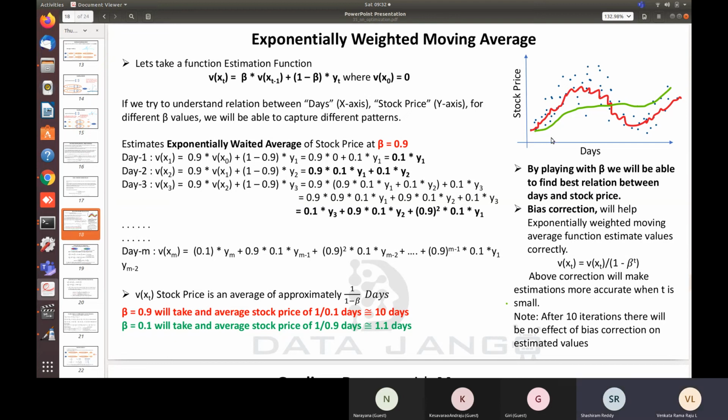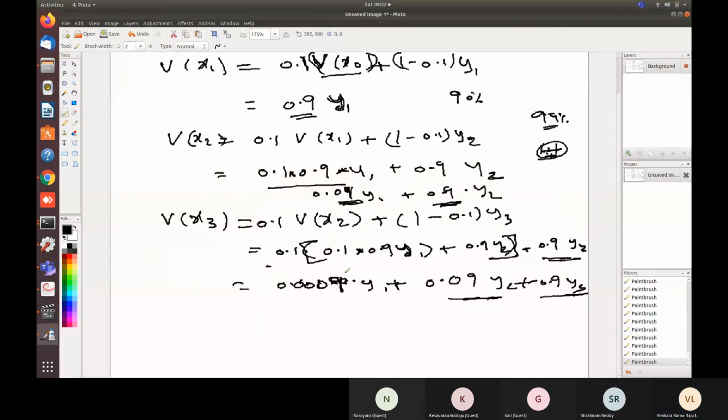Right here, if you see, if you choose 0.1, this pattern is not recognized properly. If you use that beta, convergence is going to be slow. Maybe I should take another example like this.